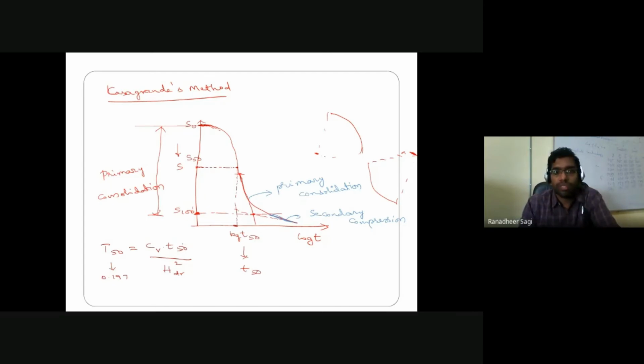From the Casagrande's method, we get this time, and HDR depends on whether it is two-way drainage or one-way drainage. So depending on two-way or one-way drainage, I can calculate the HDR value given the height of the soil sample. Then automatically what I can find out, which is the unknown, is your Cv. Okay, Cv is what we are going to be calculating.